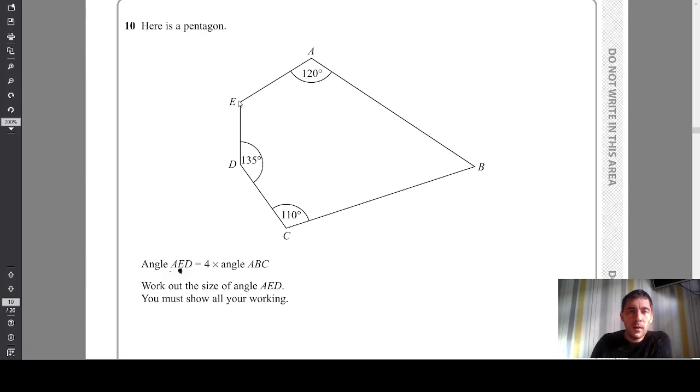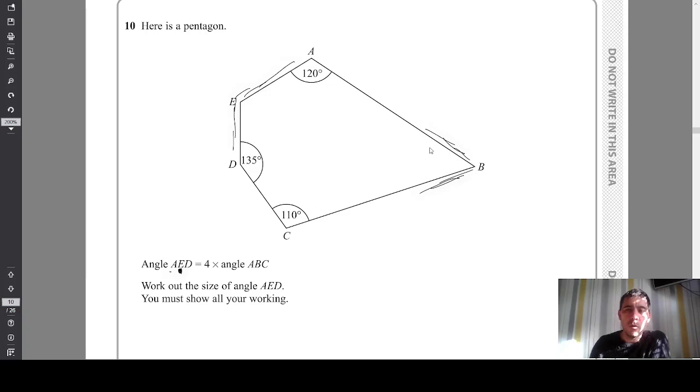So we get that angle AED is 4 times bigger than ABC. So where's ABC? Just recognize the angle which starts at A, goes to B, and ends at C. So this angle. What we can do with this information is display it on the diagram.